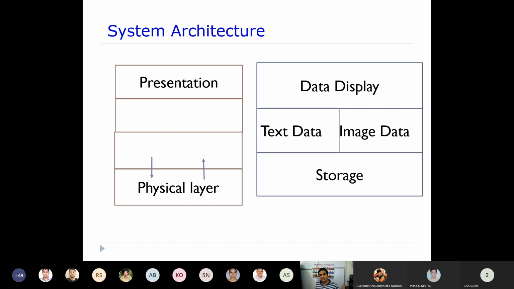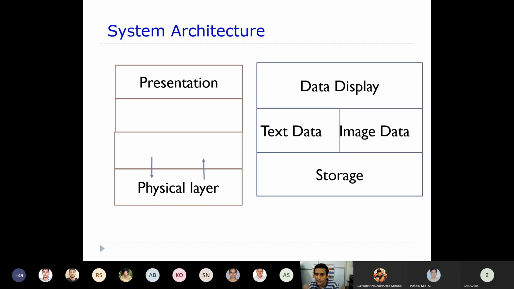The layers start with the presentation layer and end with the physical layer, so you have horizontal layers, and each layer has a specific functionality. The presentation layer has certain specific actions carried out by it. Similarly, the physical layer also performs certain activities.